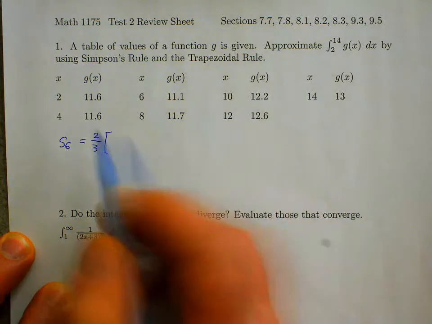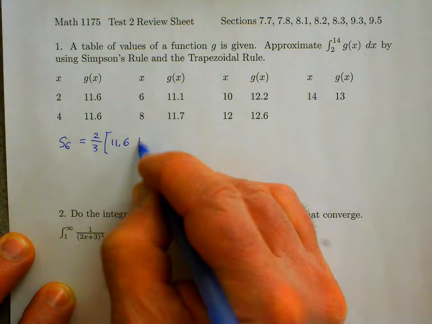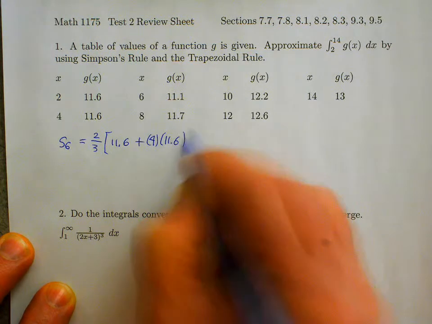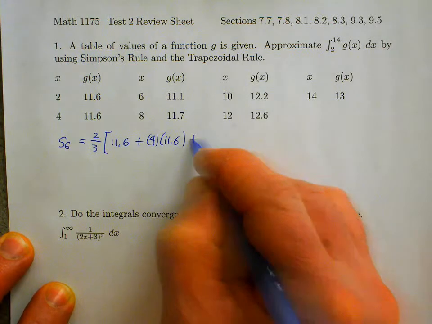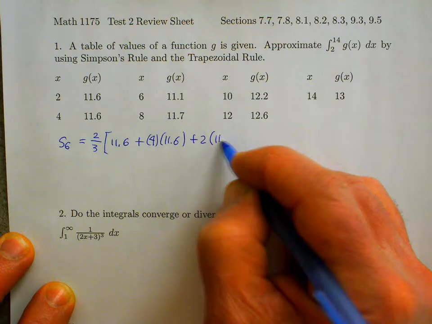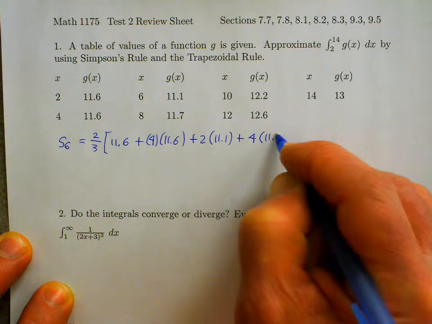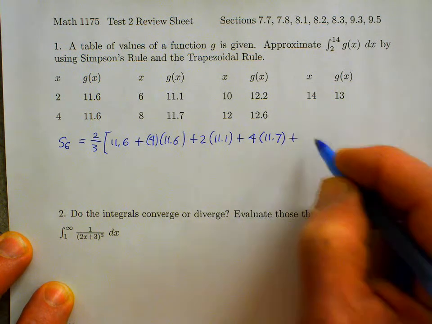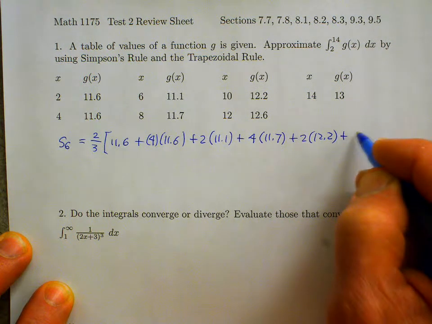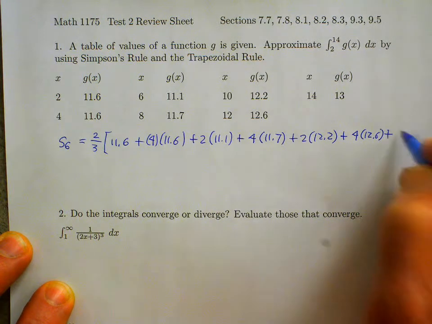And then it's g of 2, which is 11.6, and then plus 4 times 11.6, which is g of 4, plus 2 times 11.1, plus 4 times 11.7, plus 2 times 12.2, plus 4 times 12.6, and then plus 13.